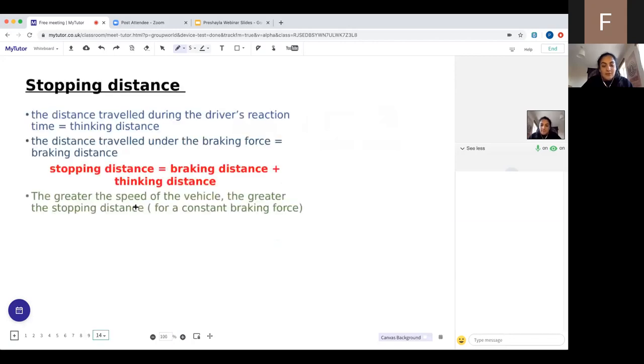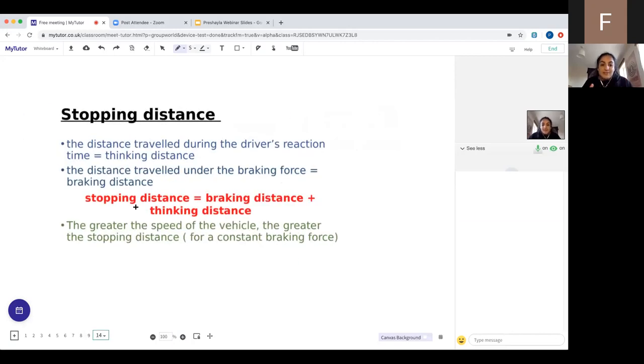Then we talked about stopping distance. Stopping distance is made up of two distances, braking distance and thinking distance. Thinking distance is the distance travelled during the time that the driver takes to react. As the driver is thinking about stopping, reacting to stopping, going to put his foot onto the pedal, that's all thinking distance.